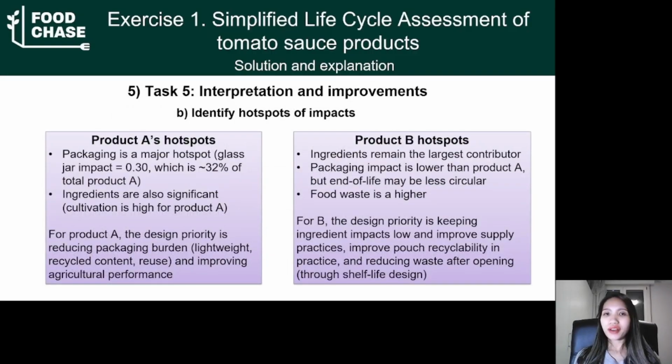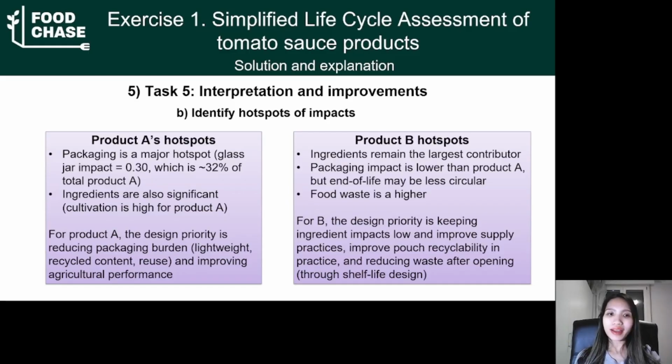Now we identify the hotspot of impact for each product. In the case of product A, packaging is a major hotspot because the glass jar impact is 0.30, which is roughly 32% of the total impact of product A. Ingredients are also significant contributors to the environmental impact because the cultivation in product A is traditional agriculture, which leads to a higher environmental impact.